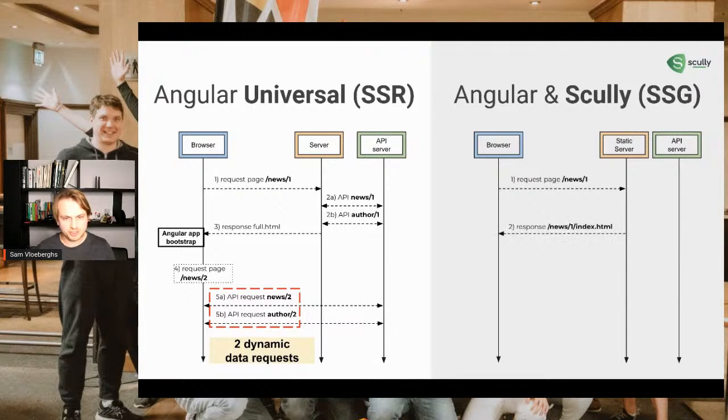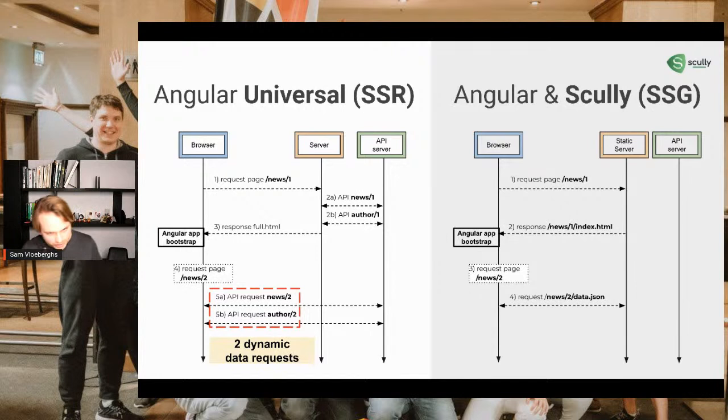The browser receives the full HTML, the Angular build assets, and everything related to the Angular application, and the browser bootstraps the single page application. So now, as soon as the user navigates around, for example, again, the second news detail page, Angular fetches that data, but Scully intercepts this request and fetches the aggregated data from a static data.json file.